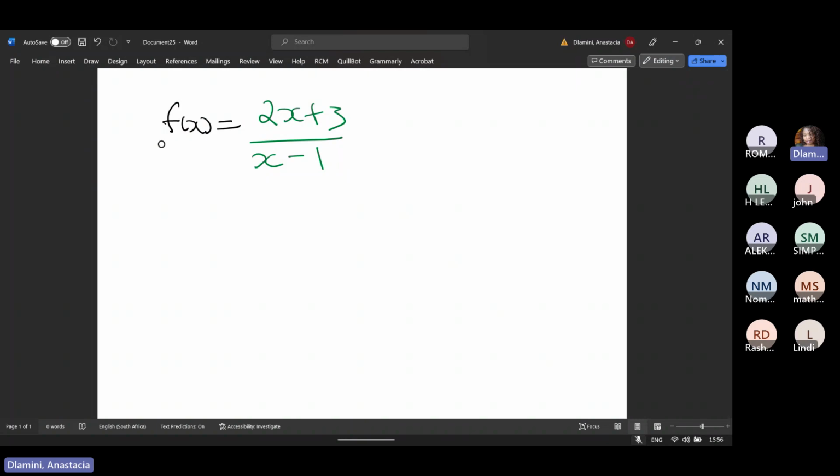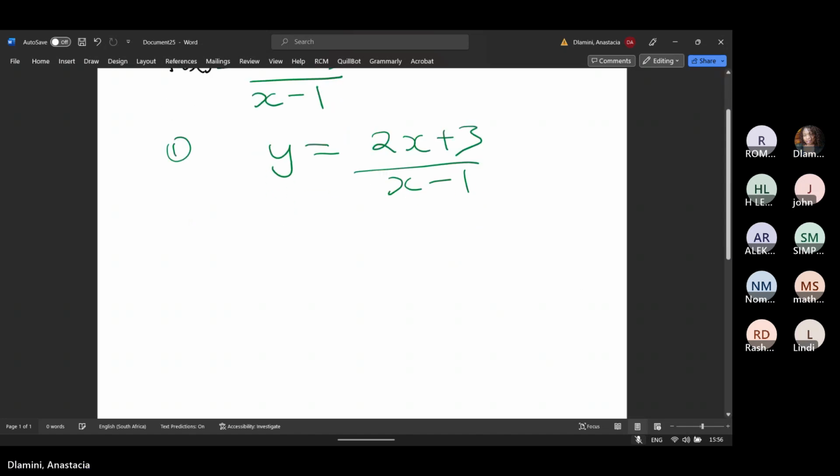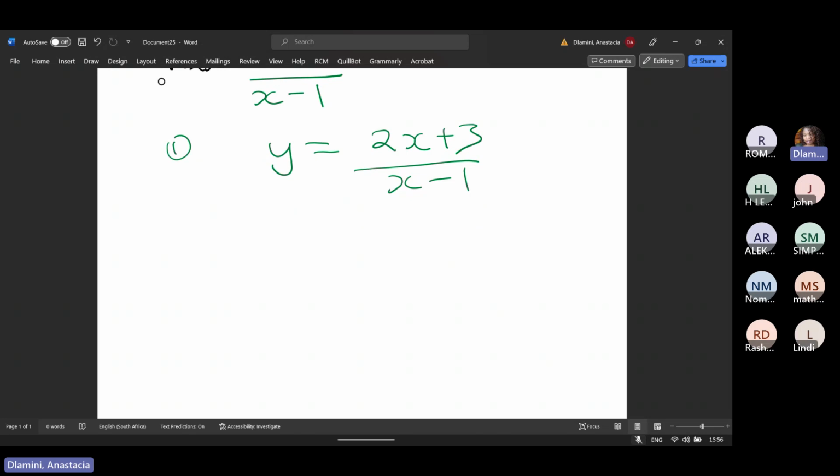So remember, we said we write this as y. So that's our first step. So y is equal to 2x plus 3 over x minus 1. I will not interchange first. Let me just solve for x with respect to y. So multiply both sides by x minus 1.